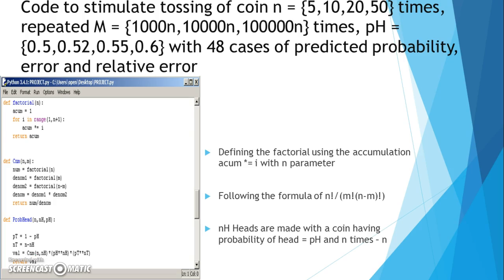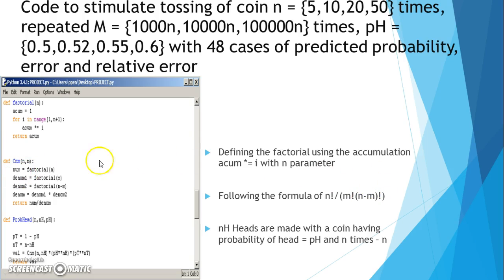Okay, so moving on to the second part, all the functions that you gave us, we need to modify them a little bit to get the true results. So defining the factorial using the accumulation: accum multiplied equal to I with the n parameter, following the formula of n factorial divided by m factorial times n minus m factorial.